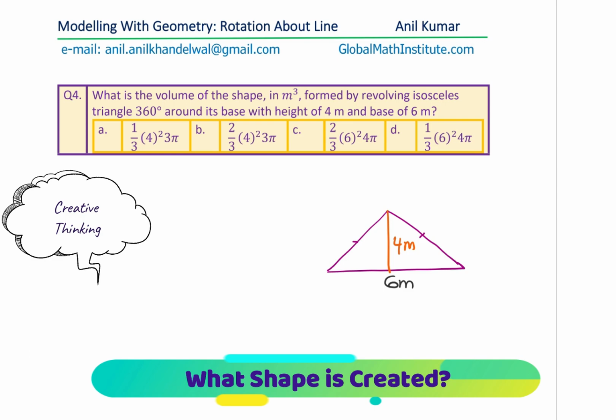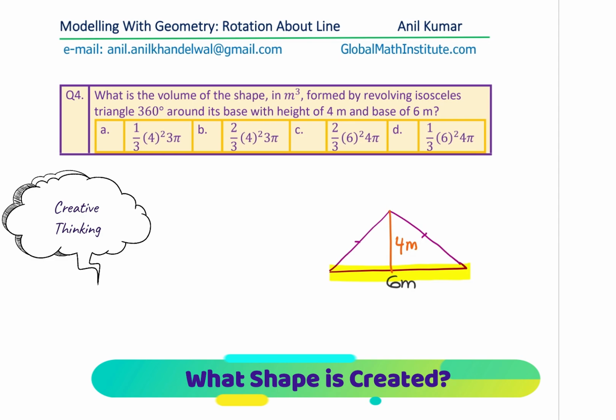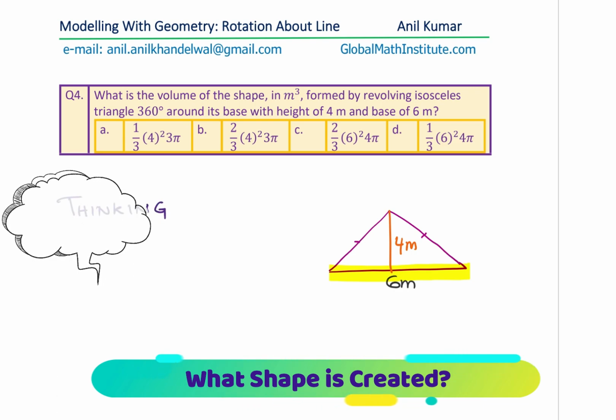So the base is fixed. You see, this base is fixed for you. And when it revolves, what do you get? So this is a thinking question, which I'd like you to think about and then post your solutions.